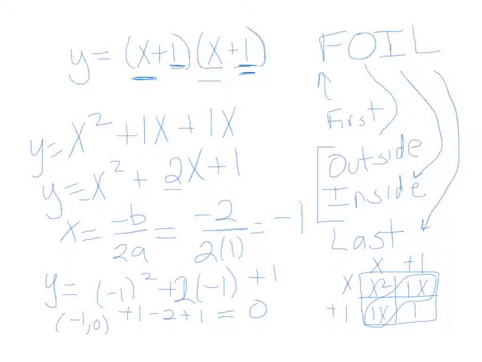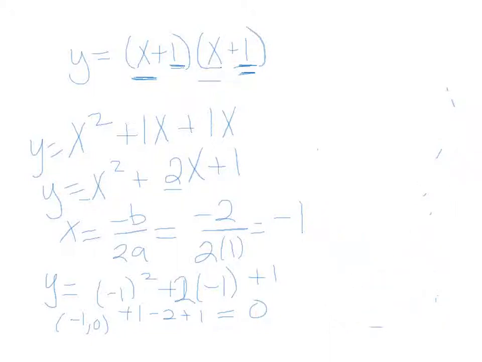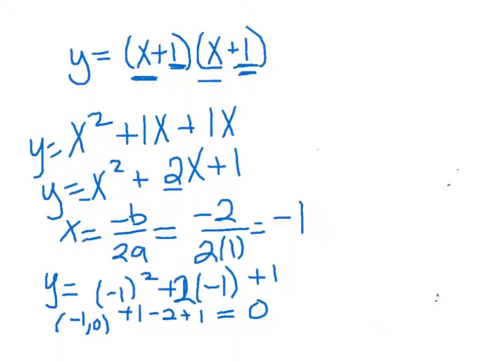This opens up because our x squared term is positive. So let's look at the graph. Vertex at negative 1, 0, opens up.